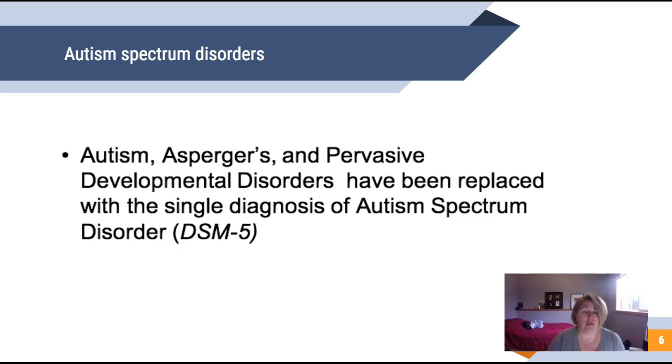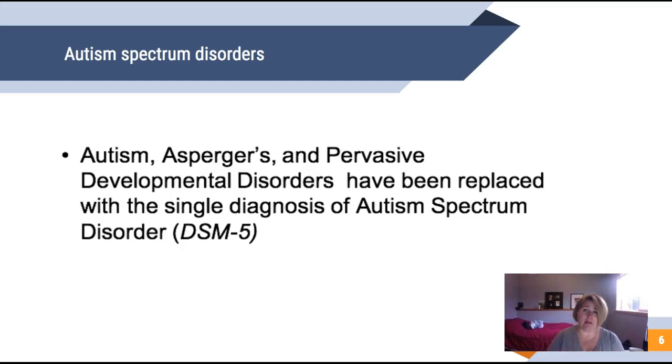So professionals who are now identifying individuals who have these kinds of deficits are to use the one criteria of autism spectrum disorder. And that is important to you because you'll hear people talk about terminology that's now considered a little bit outdated, like Asperger's or PDD, pervasive developmental disorders.